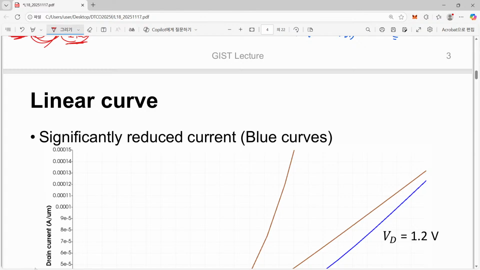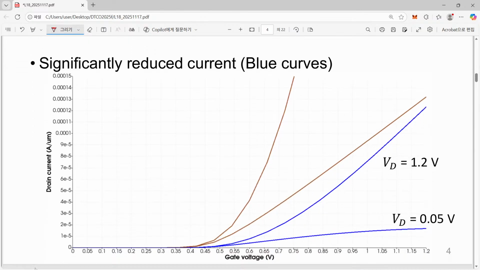Okay. Well, anyway, here you can see quite an interesting result. Here you have, I'm not quite sure if this is red or brown. It seems like a brown curve. And these brown curves are obtained from the same structure, however, without any kind of physical mechanisms.